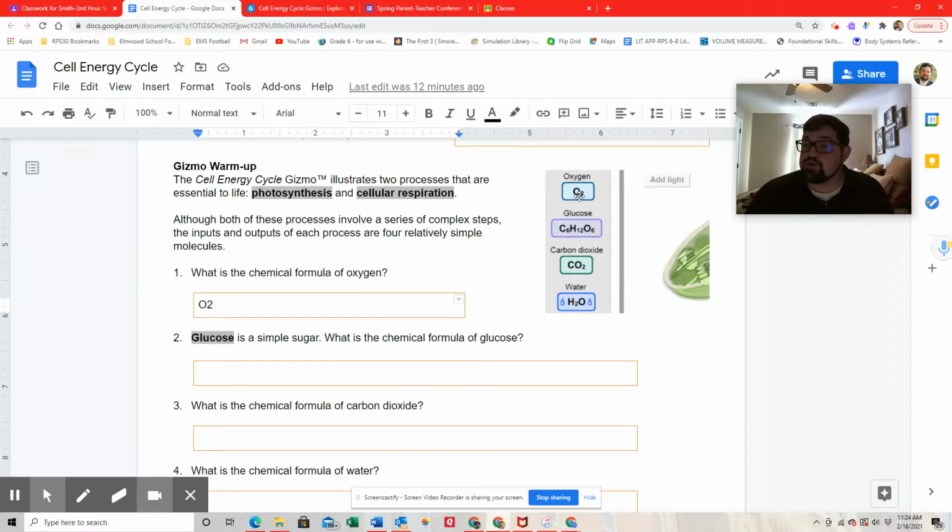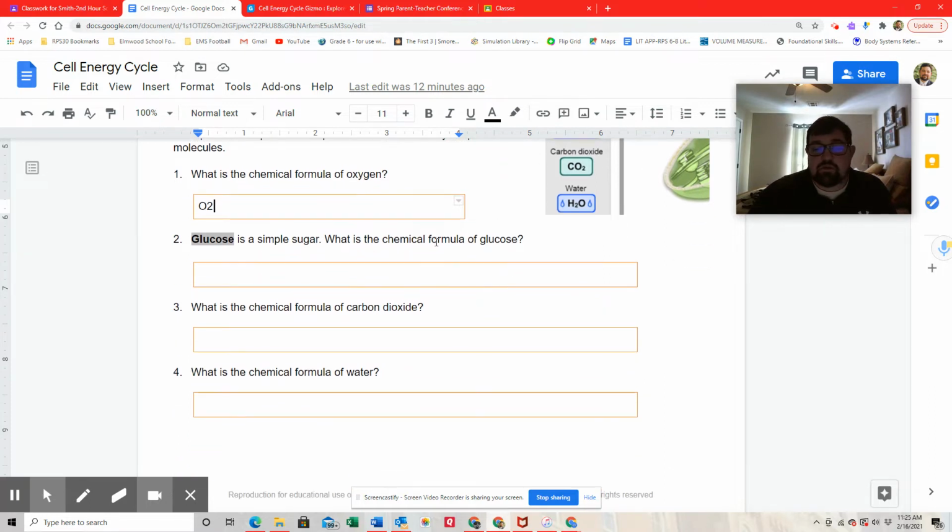That's what glucose looks like as a compound. That's something that we expect you to be able to do, and that's one of the things that's different from maybe sixth grade or elementary, where you said oxygen or carbon dioxide. We're now looking at it like O2, CO2, glucose, H2O. We have some chemical compounds in there.